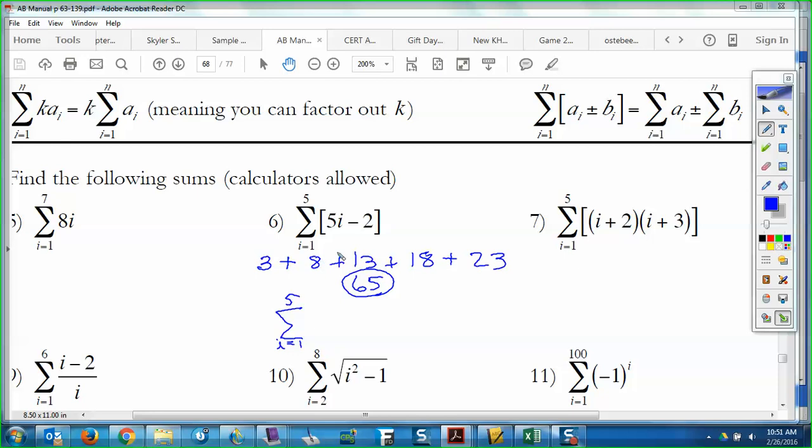I would notice that these are going up by how much? 5. Repeatedly adding 5 should make you think of multiplication, because that's what repeated addition is, right? 3 plus 3 plus 3 plus 3 plus 3, 8 times is 24. You repeatedly add 3, you're multiplying. What's repeated multiplication?